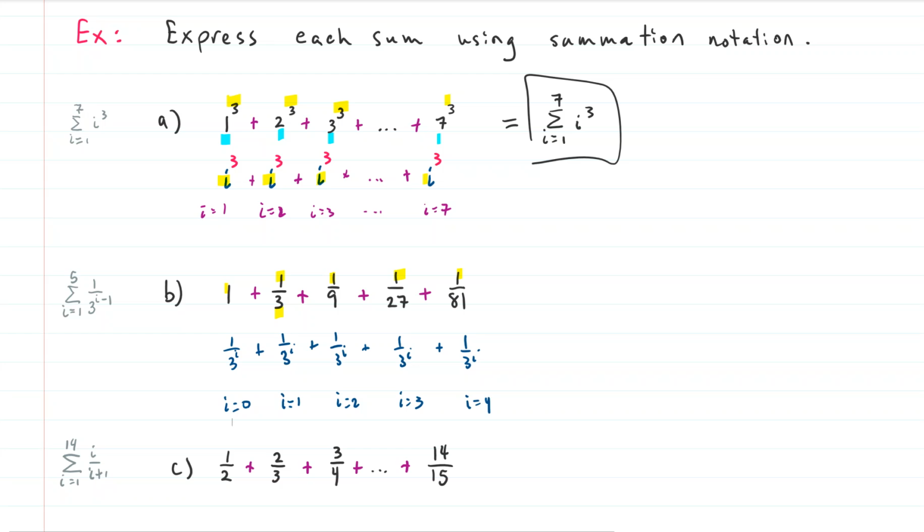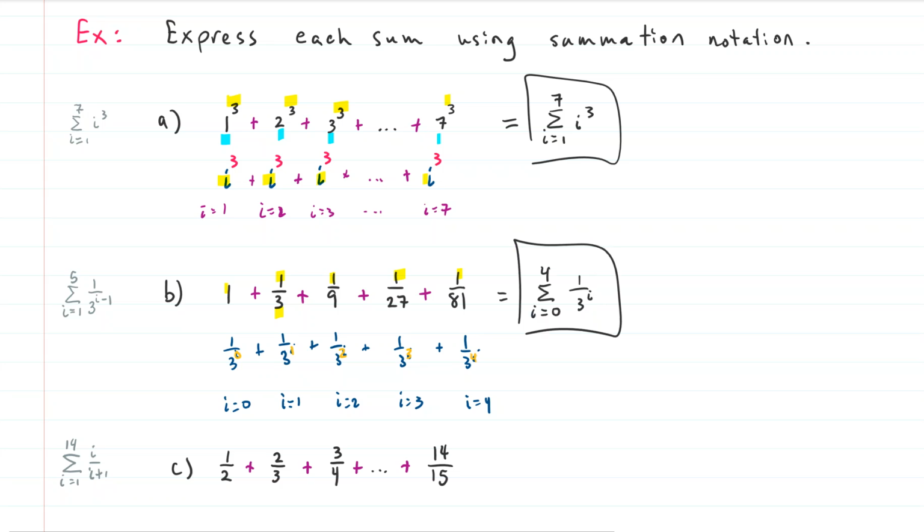If we have I equal to 0, then this becomes 3 to the 0, this becomes 3 to the 1, this is 3 squared, this is 3 cubed, which is 27, and this is 3 to the 4th power, which is 81. That totally works. So we can rewrite this as the sum of 1/3 to the I, and I goes from 0 to 4.